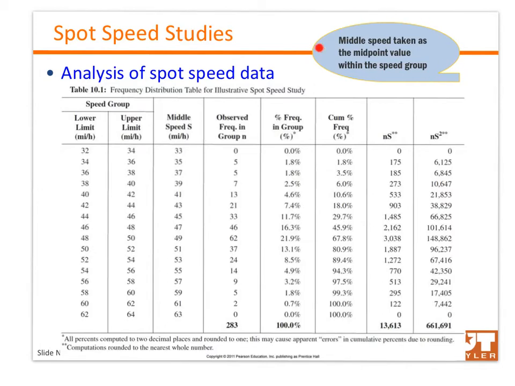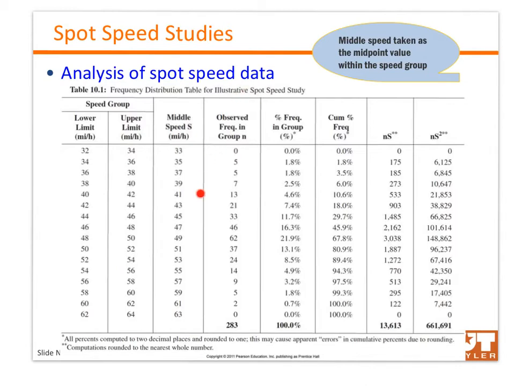Eventually you need to plot a bell-shaped curve like the normal distribution, and therefore you need to have a certain point. You cannot use a lower or upper limit, so typically we pick the midpoint. If it's 32 to 34, we pick 33. For example, here 62 to 64, we pick the midpoint, which is 63.